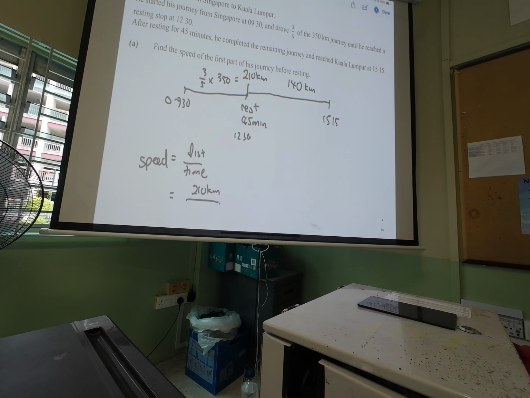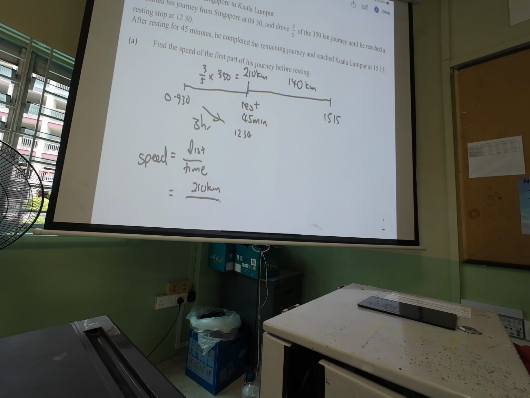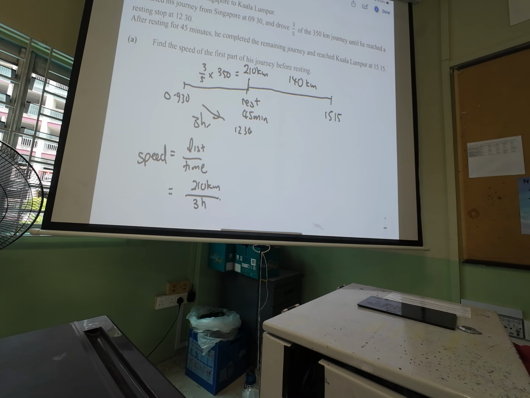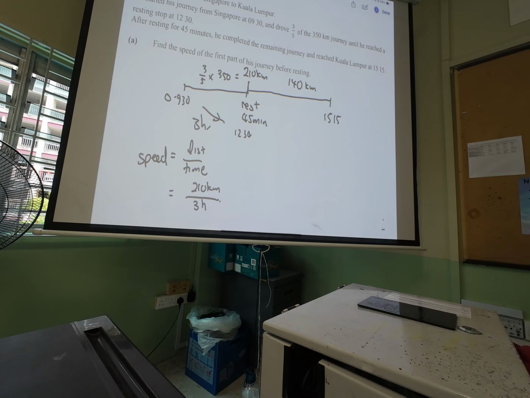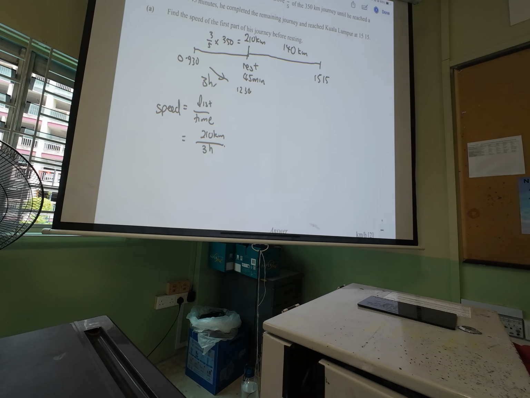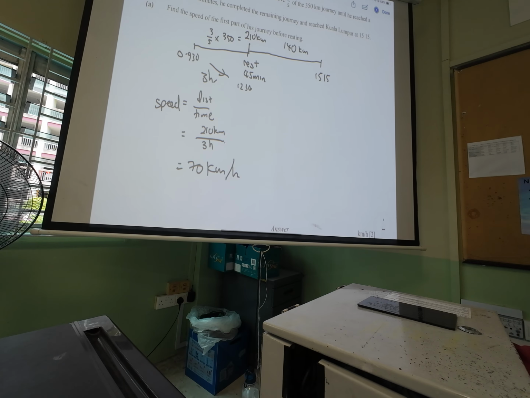So 9:30 to 12:30 took 3 hours, right? 9:30 to 12:30, 3 hours. So 210 kilometers divided by 3 hours. That is how we get 70 kilometers per hour.